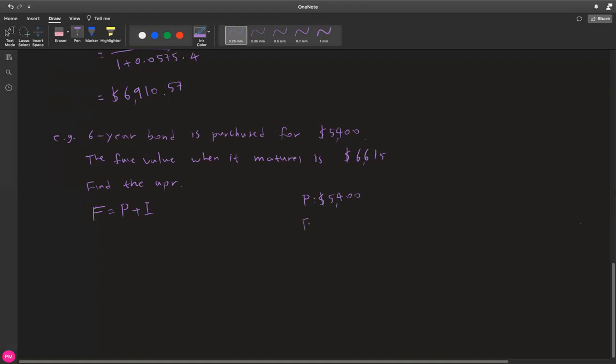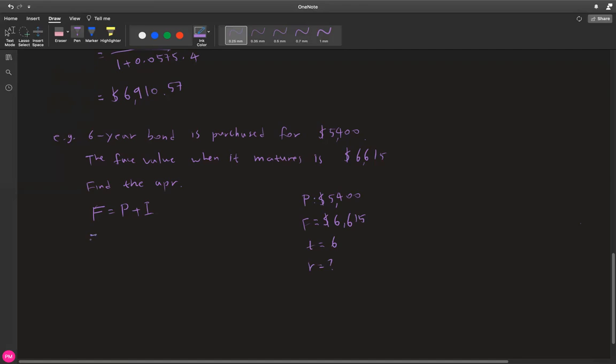And we also know the face value is given as $6,615. And we also know the term of the loan is 6 years, but we do not know the APR. So let's plug in everything we know.